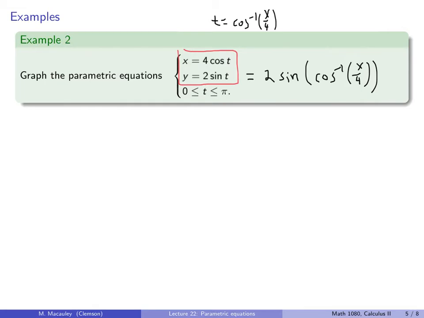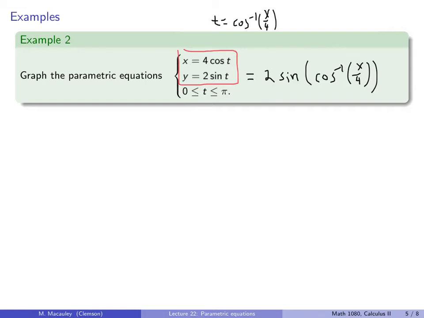And also, it's not clear that this is going to be true for all x and all y, because again, if this thing is a circle that wraps around a few times, at some point it's not going to pass the vertical line test, and something's going to go wrong here. So this is not the preferred way to do this problem.